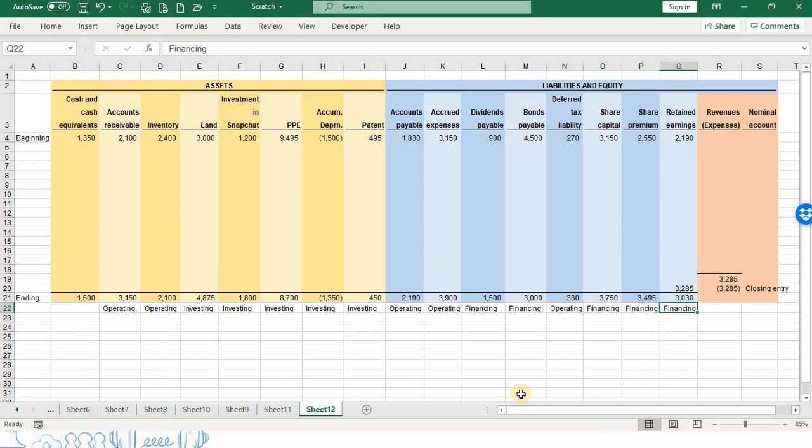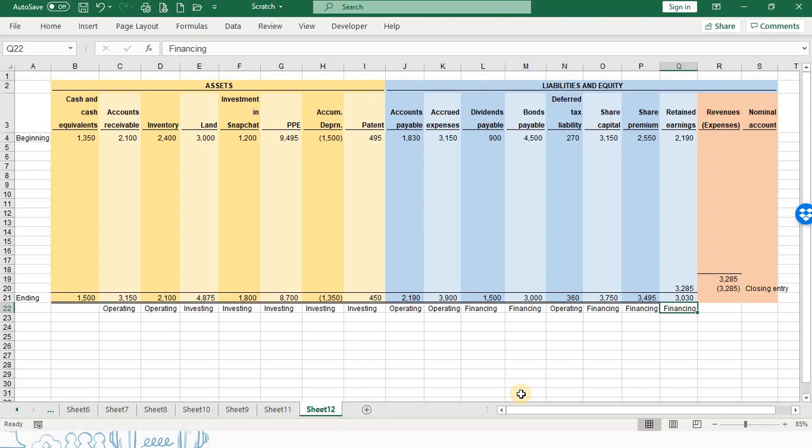So after we have classified each account as to the statement of cash flow classification, now let's start the analysis on each account related to investing and financing activity. Again, the analysis of these accounts has two goals.